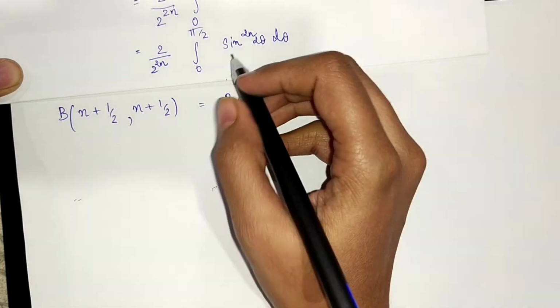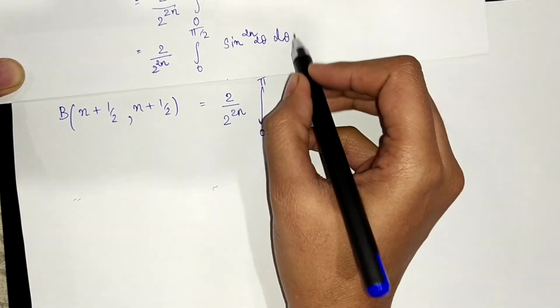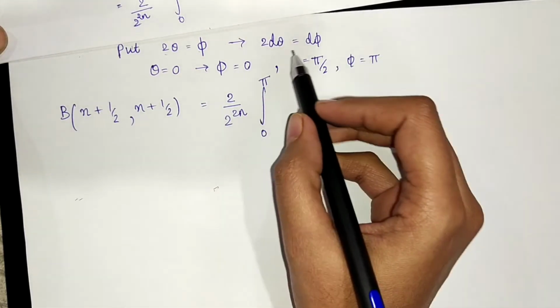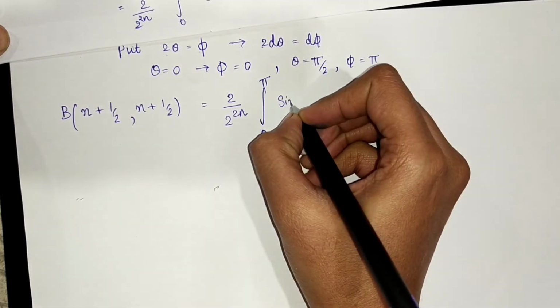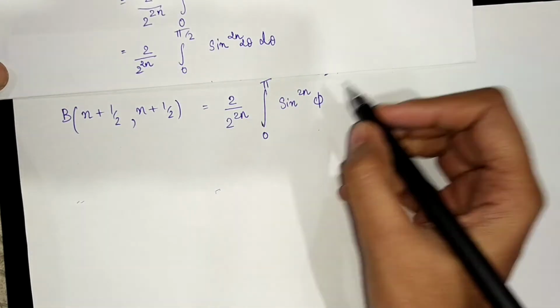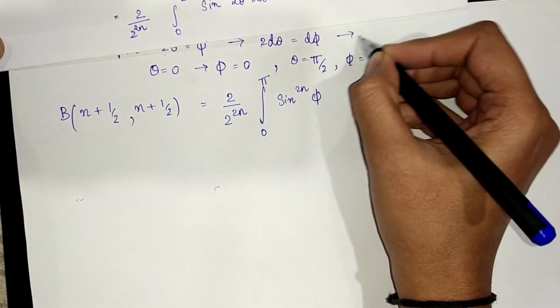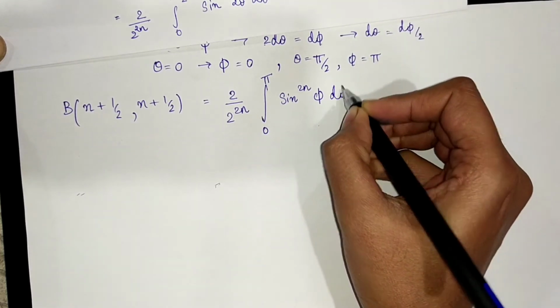Here in place of 2 theta we will substitute phi, so sine raised to 2n phi, and in place of d theta we will write d phi by 2.